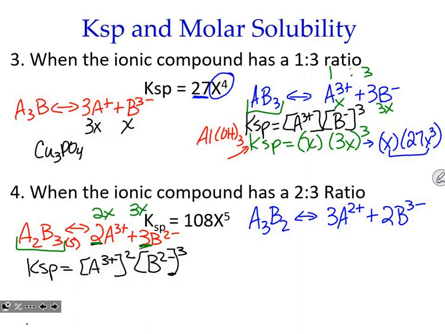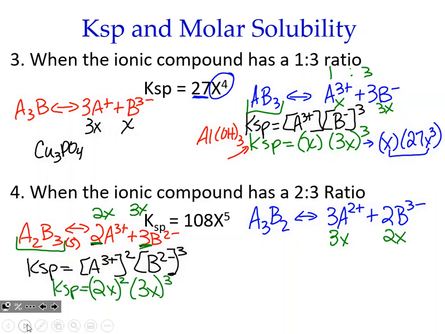On this side, it would be the same thing, except the cation would be the 3x and the anion would be the 2x. Either way, you plug it into the expression, this ends up being 2x squared, and this ends up being 3x to the third. And if you do the math on that, this is 4x squared times 27x to the third.